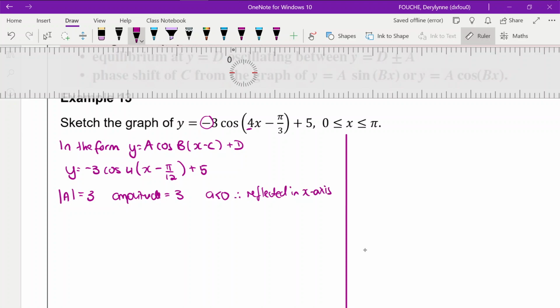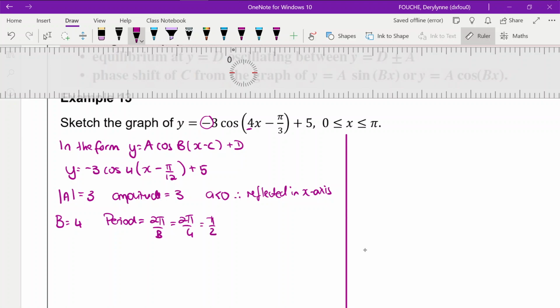This is a cos graph, so I'm expecting it to start below my mean position. I know that my b value is equal to 4, and so my period is 2 pi on b, which is 2 pi on 4, which is pi on 2.